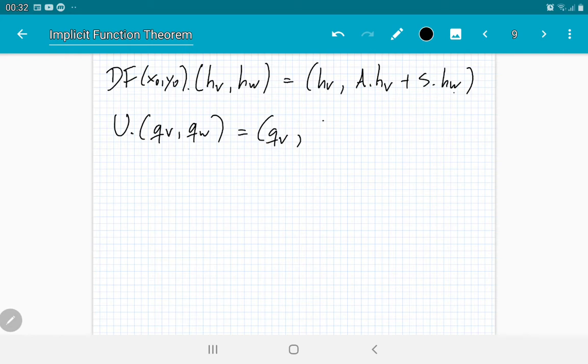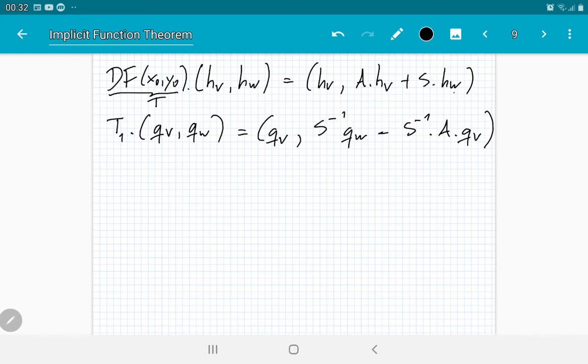So I take s inverse qw minus s inverse times a times qv. Let me call this operation T1 and this one T. Sorry, we used a bad name.